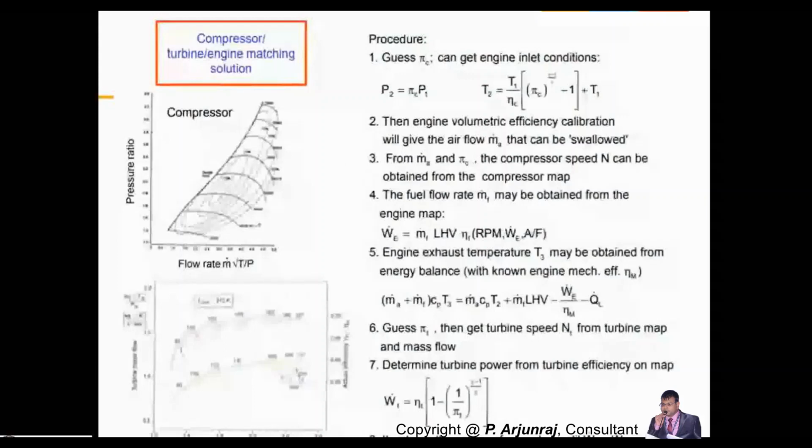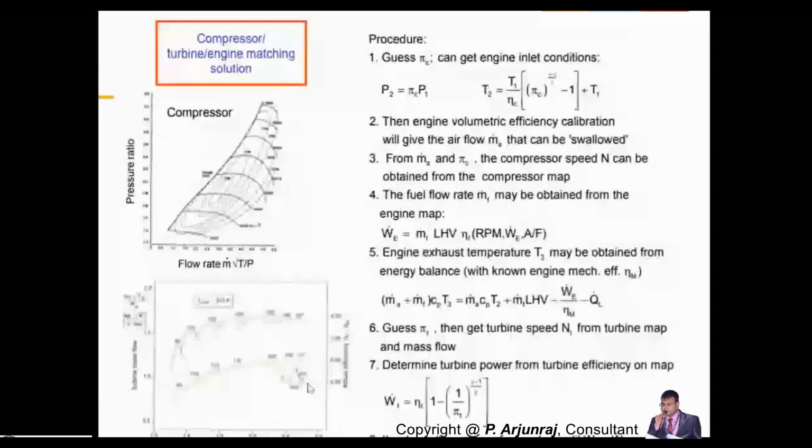And you see here there is one more graph showing the mass flow rate. Here the mass flow rate is the gas flow rate. The exhaust gas is the flow that strikes the turbine blade.